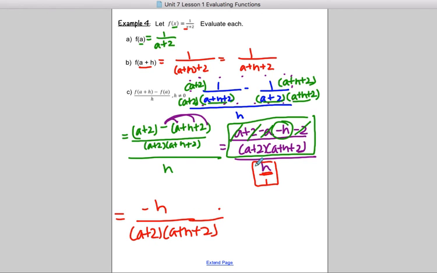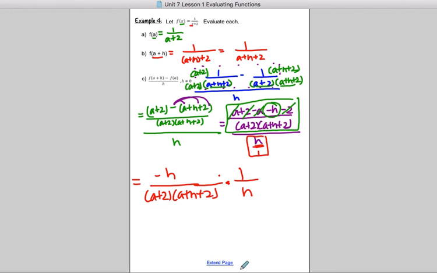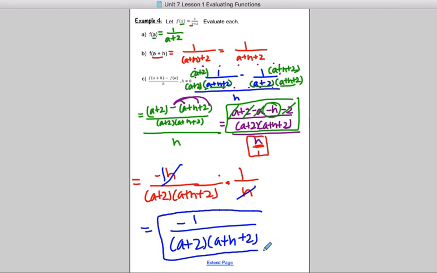And I don't want to be dividing again, so I'm going to multiply by this reciprocal, which is 1 over h. And I should then see that my h's will cancel. This simplifies to negative 1 times 1, so I'll have negative 1 on the top. And my common denominator is a plus 2, a plus h plus 2. And there is example 4, simplified.